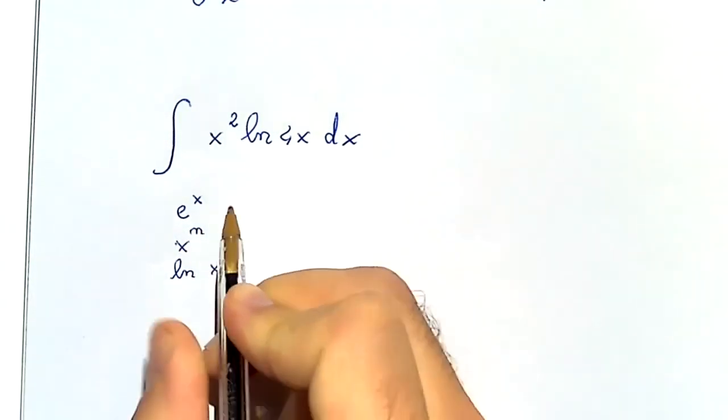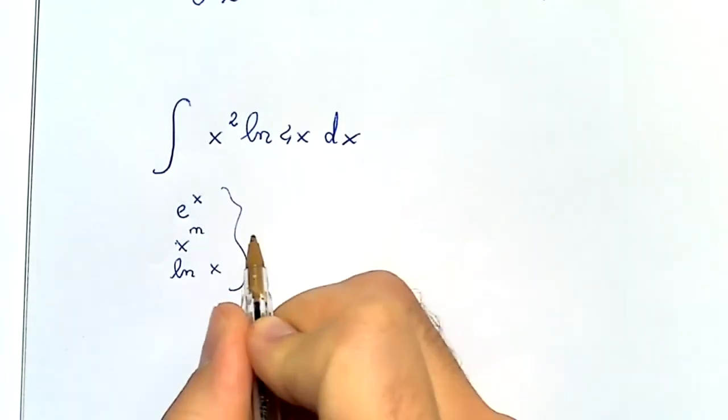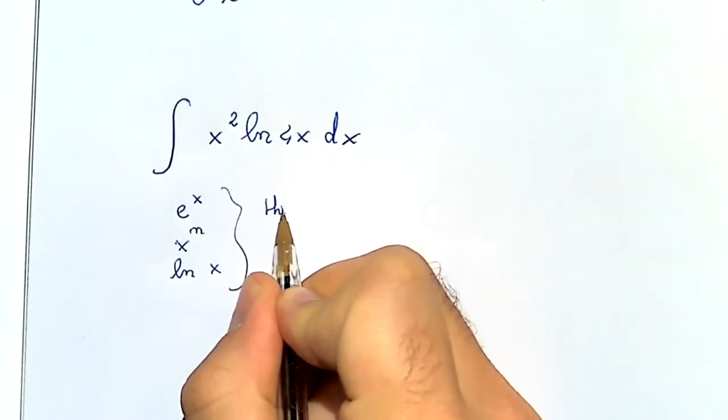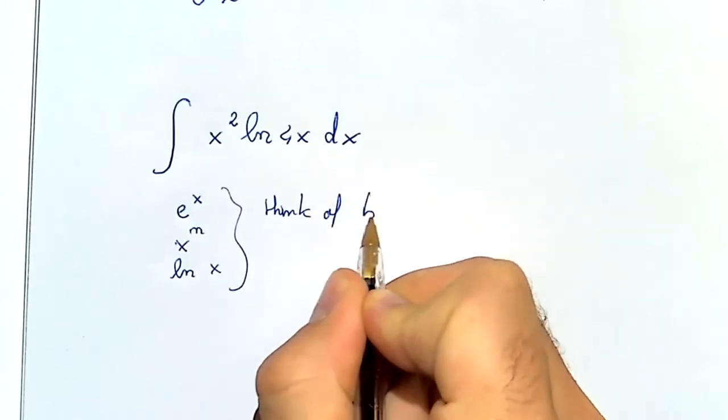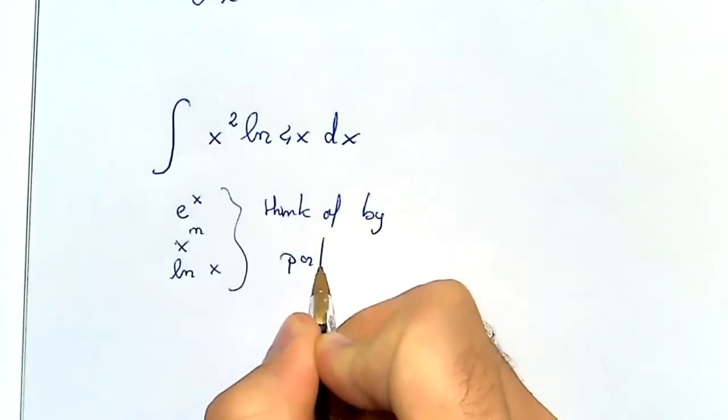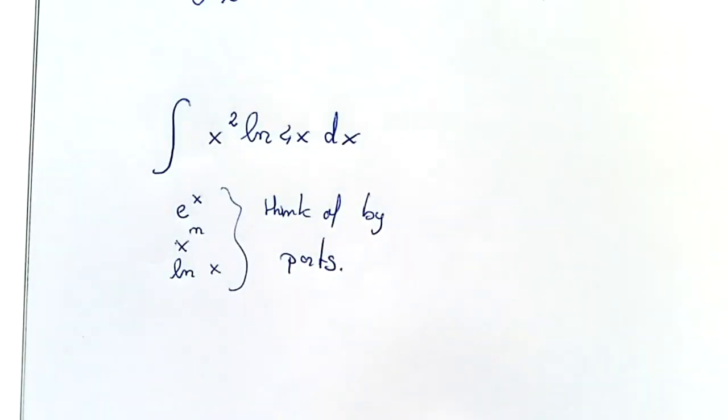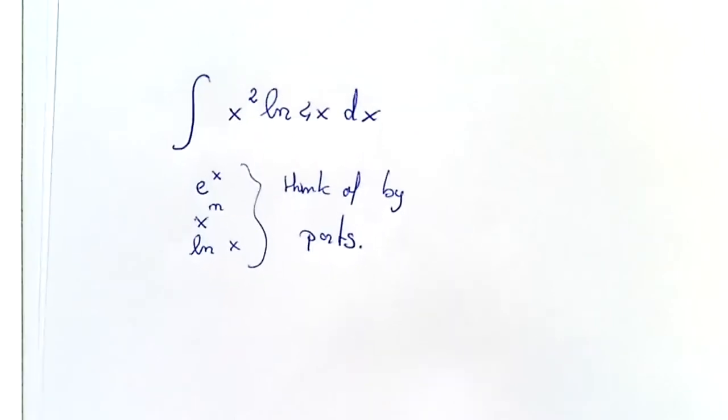When you see something like this and you don't know how to solve it, think of by parts. For some computational reason, no other reason behind it, these just work really nicely with by parts. Cool. Now let's come back to our problem.